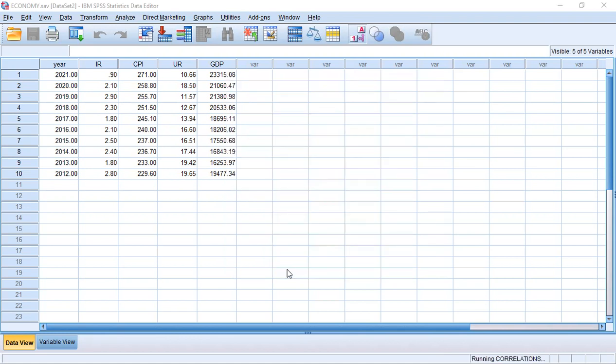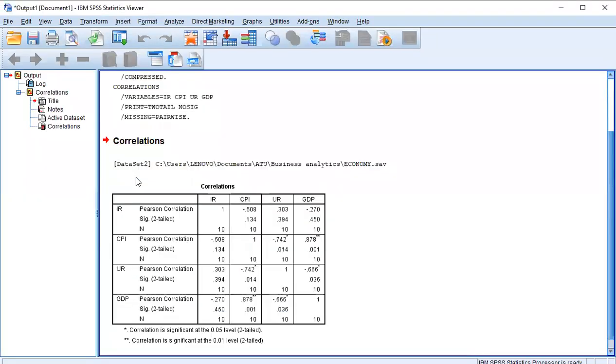the output will be displayed. Let's go to output. Okay, so I'm sure you can see my output. Now, if you look at this, it is interest rate and CPI, like we saw earlier in Excel.